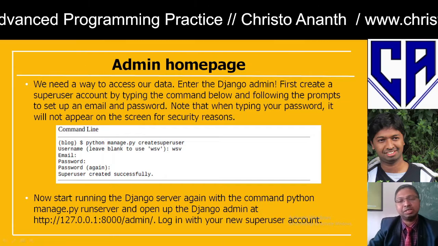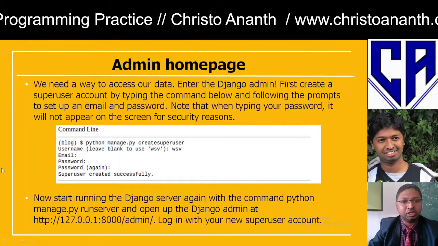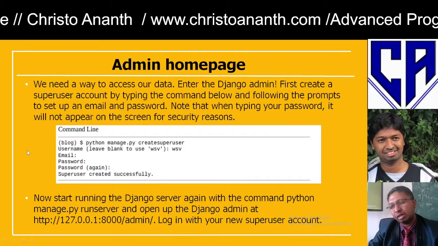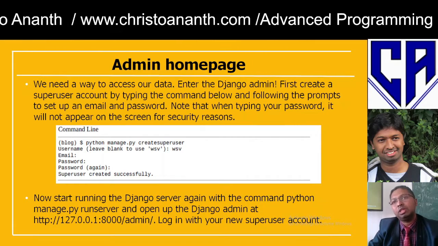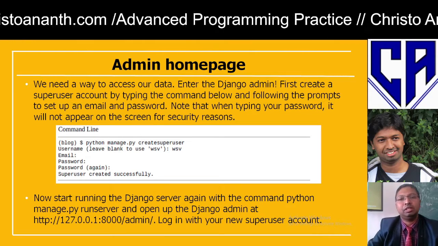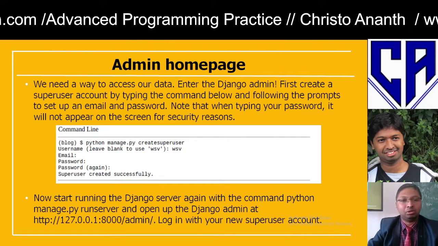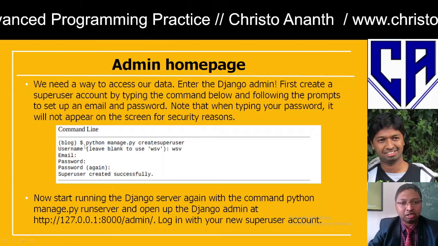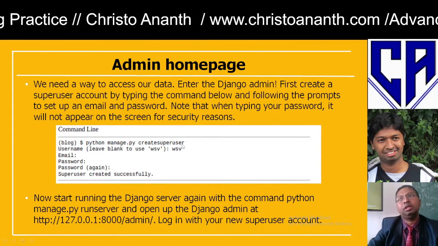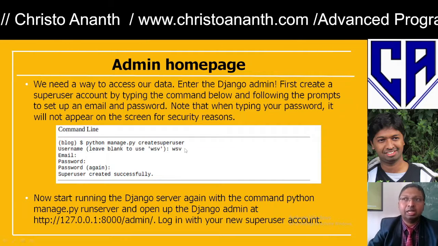Then, same as the message board app, we have the admin homepage where we have the username, email id, password, and repeat password. In the blog you run $python manage.py createsuperuser. You remember we created a superuser in the message board app.